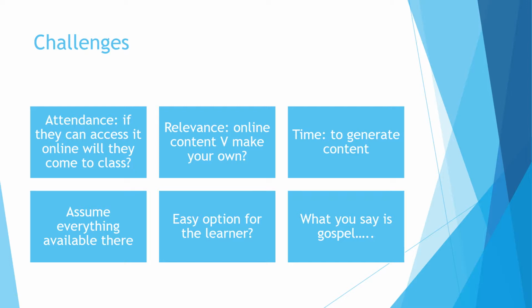So are you better off making your own content? Can you find stuff online that is actually relevant to the learning objective that you have for that particular part of the course? Obviously, time is a big challenge, to find the time to generate your own content and to decide how you're going to use it. But then, sure, we're doing that for all our resources anyway, so it's just part of being a teacher, I suppose.